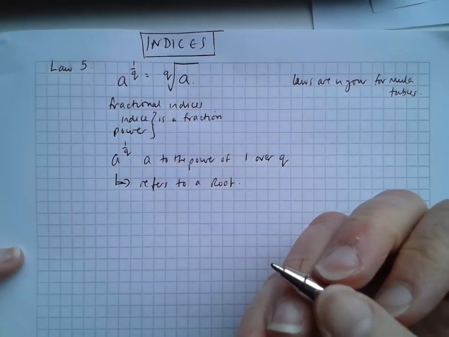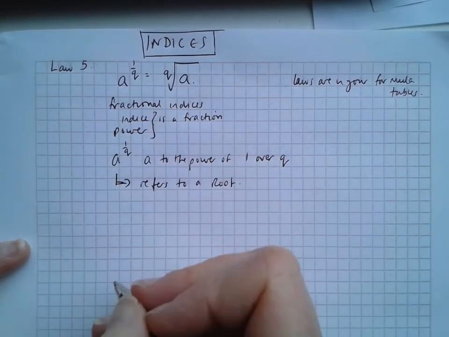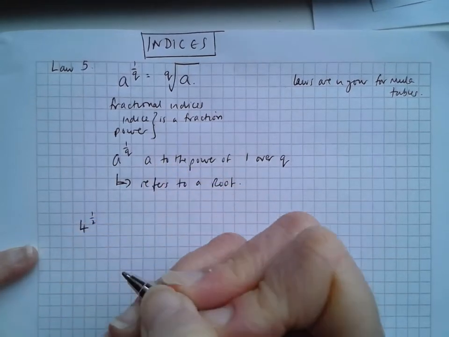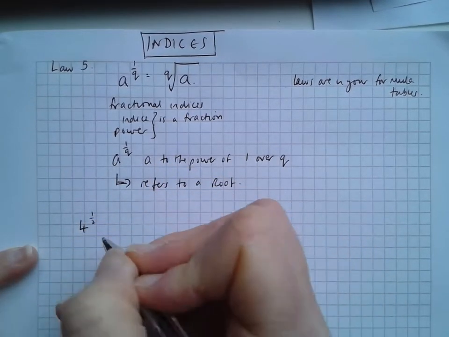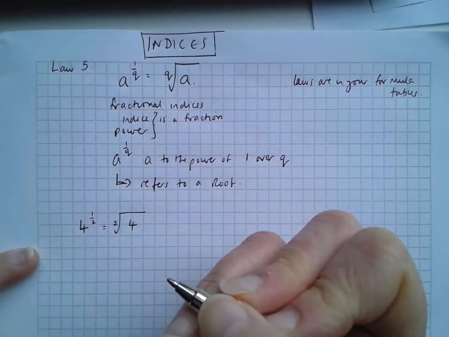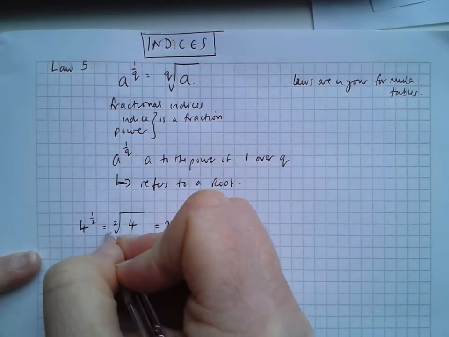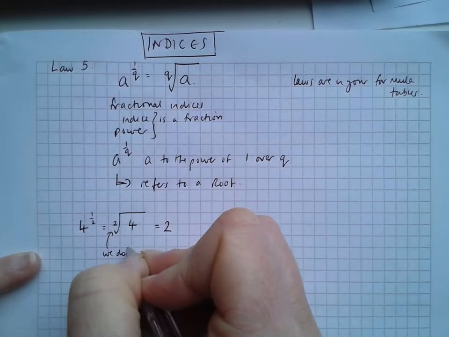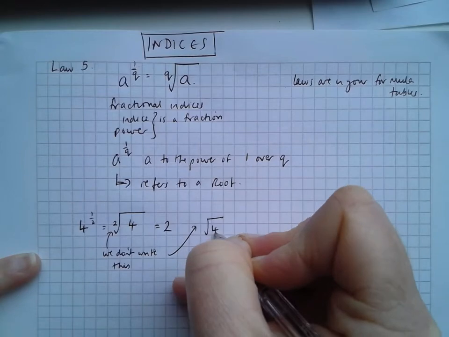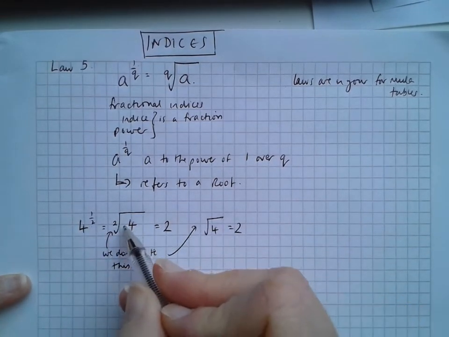Let's talk through some examples with numbers first, and then maybe it will make it clearer. So for instance, you might have 4 to the power of a half, and 4 to the power of a half means the square root of 4. That's what the law is saying. It is 2. Usually we don't write the little 2 on the root sign.